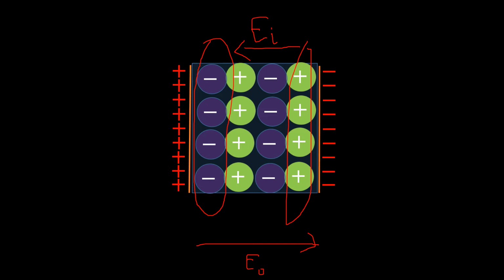Insulator is not a material in which we can store energy in form of electric field, whereas in case of dielectric, though it is not conducting electricity, see that is the similarity between insulator and dielectric. Insulator would not allow electricity to pass through. Dielectric will also not be able to let electricity through it, but the difference is in case of insulator you cannot store energy inside in form of electric field, which is happening in case of dielectric.